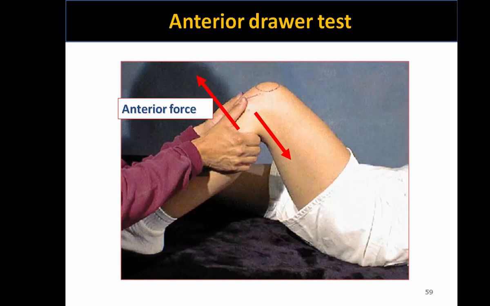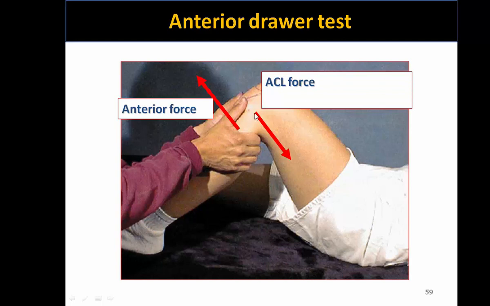Now, based upon Newton's third law, a person with an intact anterior cruciate ligament will generate a reactionary force in the opposite direction. With the knee in a 90-degree position, this will place unique stress on just one portion of the ACL, specifically the anterior-medial bundle of fibers.